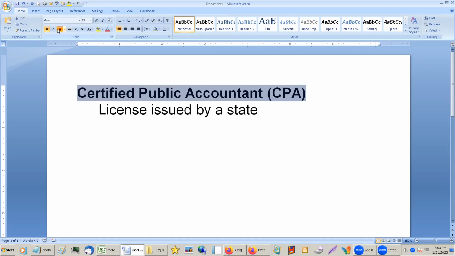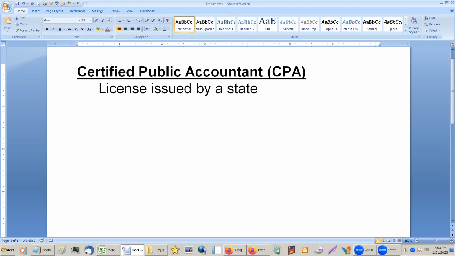For instance, mine's issued by Illinois, but it could be any state. You must pass a standard exam.